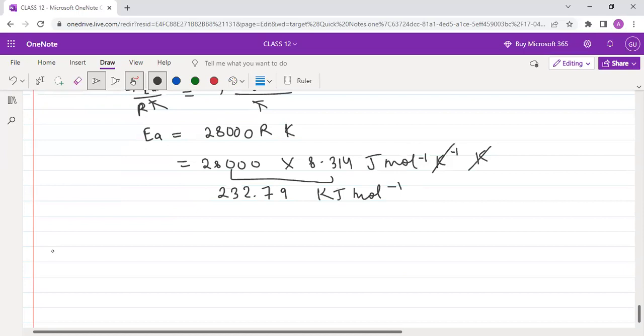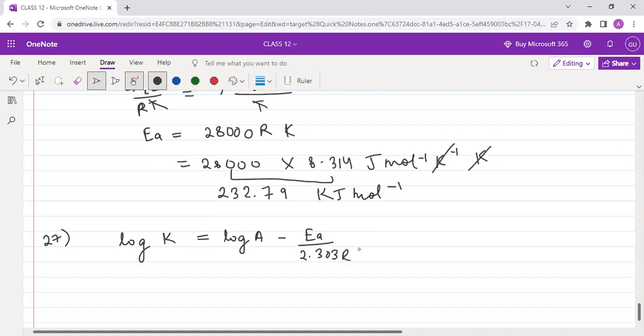Next. Did you try question number 27? Yeah, I did. The equation can be log k equal to log A minus EA by 2.303 RT, right?